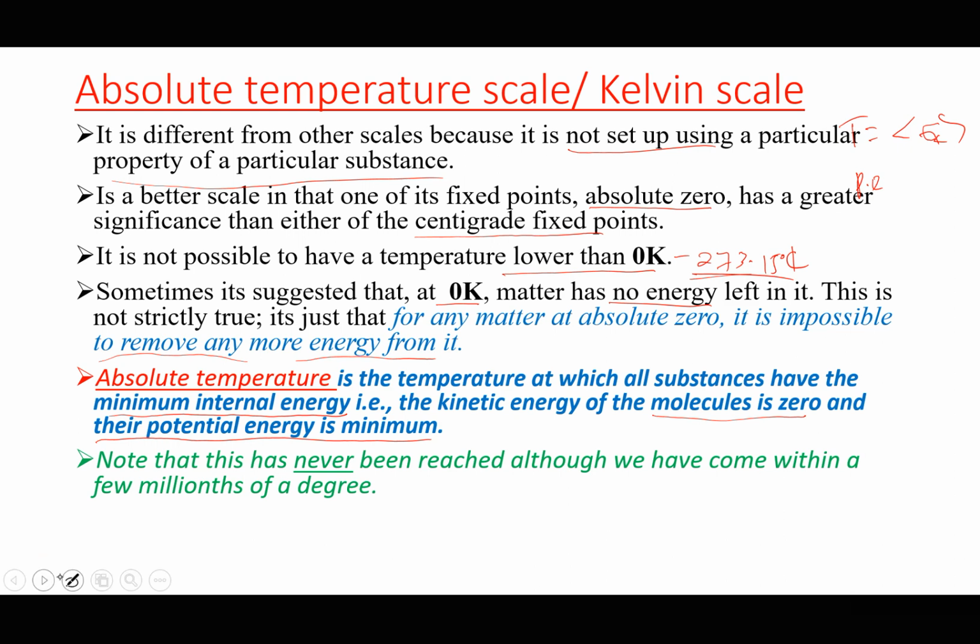We said we need two fixed points to establish any temperature scale. For the centigrade scale, we had the lower fixed point, which is the ice point, and the upper fixed point, which was the steam point.